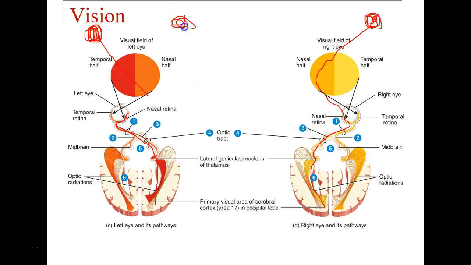So over here, if we contact the left side, we stay on the left side. Over here, if we contact the left side, we stay on the left side as well. So that means we must cross over at the optic chiasm. Just the opposite. Since we're in the right eye, anything hitting the right side of the retina will stay on the right side, entering the right occipital lobe. And that is it for vision.